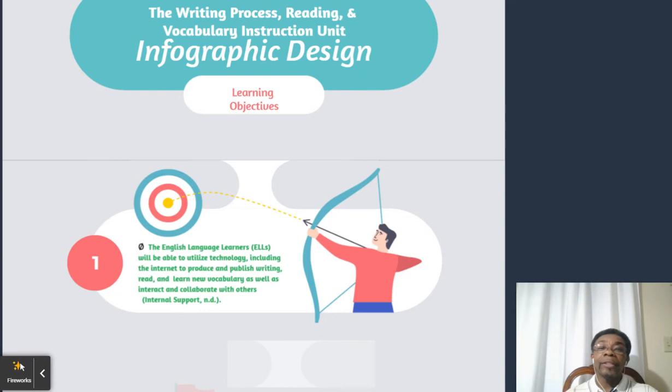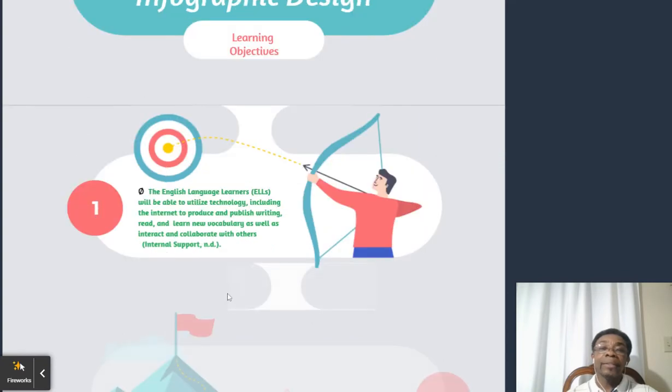utilize technology, including the internet, to produce and publish writing, read and learn new vocabulary, as well as interact and collaborate with other students.